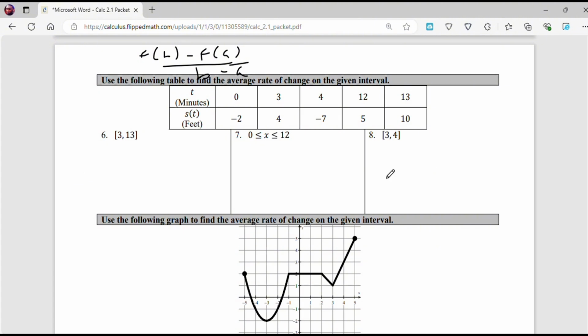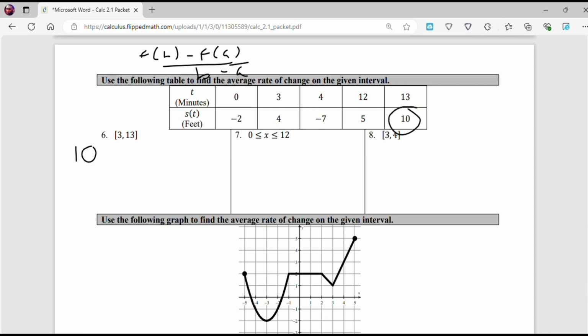Now we're given a table here, so we actually don't have to solve for anything, right? We don't have a function. We have the function value and your x or t in this case. Okay, f of 13, or I should say s of 13, is given as 10.